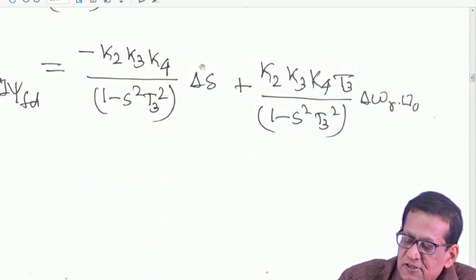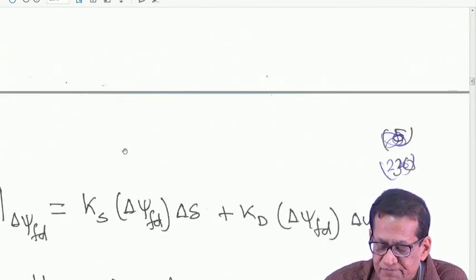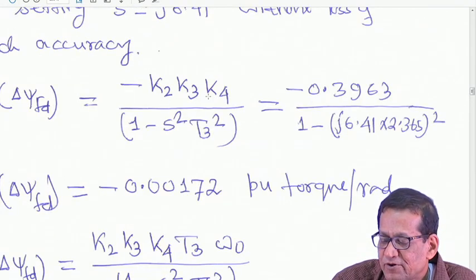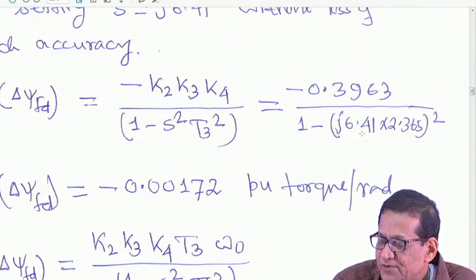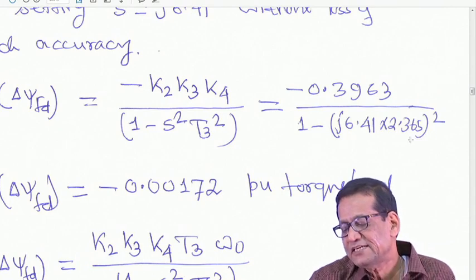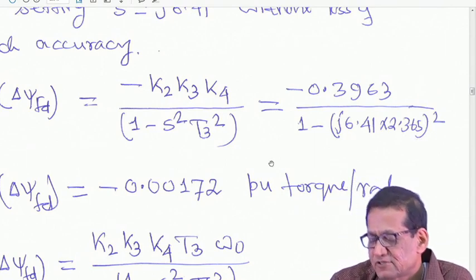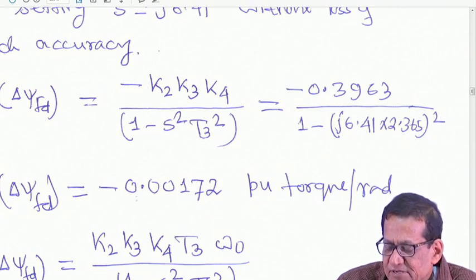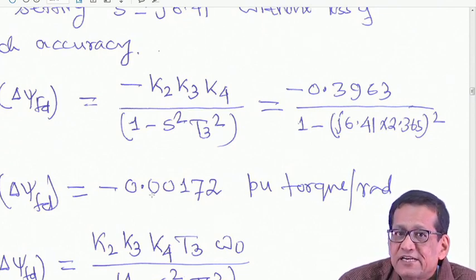Putting K2, K3, K4, which we have got as 0.3963, divided by 1 minus j 6.41 and T3 value given in the data 2.365, whole square, if you simplify, K s due to delta psi f d becomes minus 0.00172 per unit torque per radian. It is a dimensionless quantity.